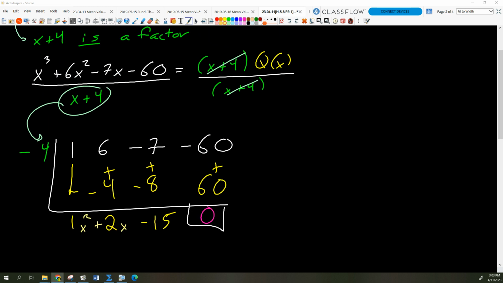How about that, right? Okay, so now I'm able to rewrite this guy. Let's take that whole thing and let's rewrite my original polynomial.